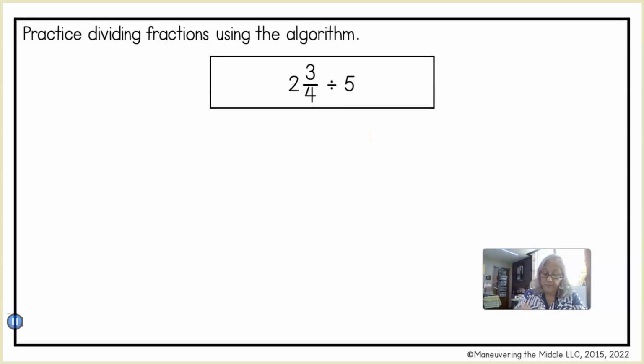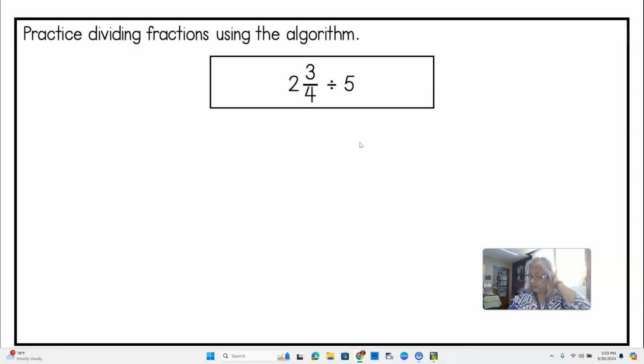Our next one has a mixed fraction. And remember, we need to change all mixed fractions to improper fractions. So how do we do that?